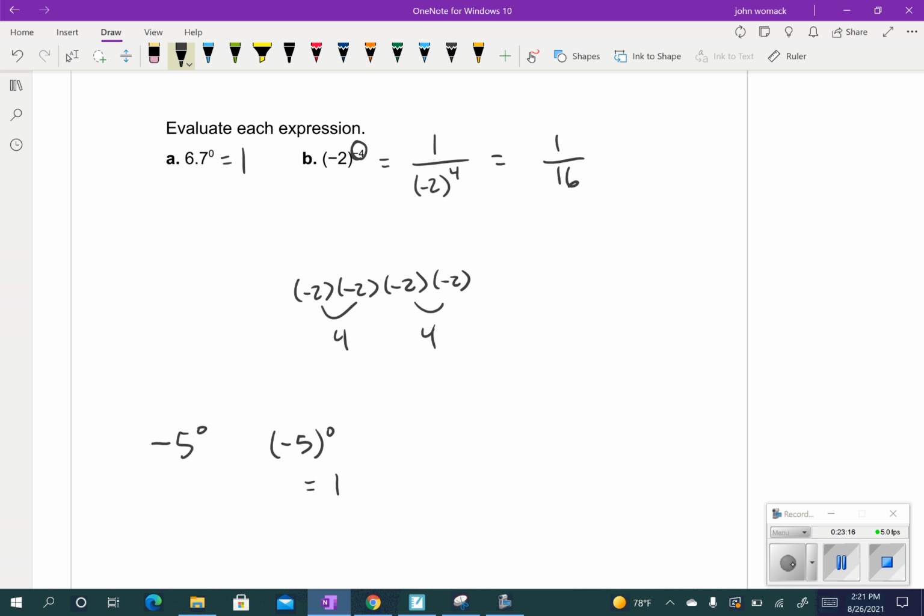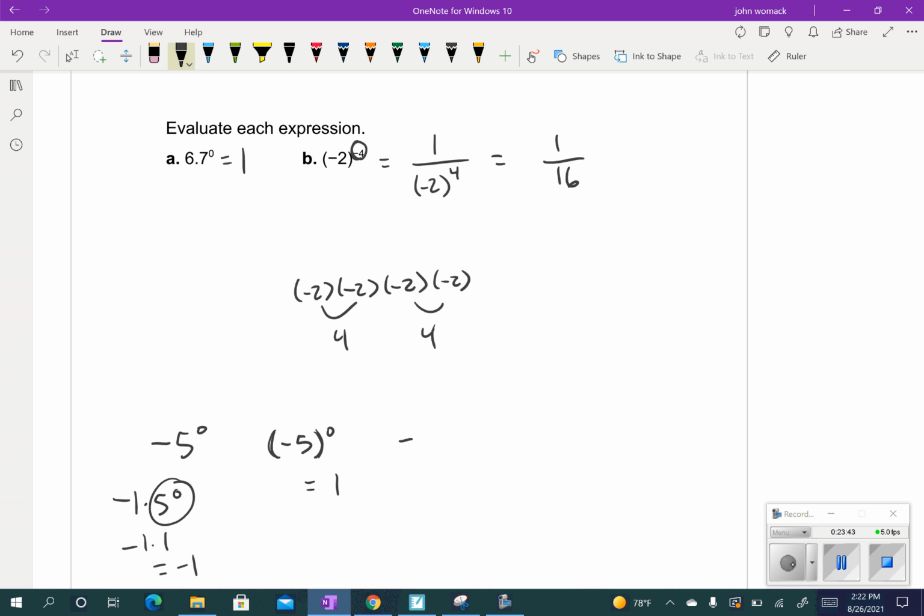If there aren't parentheses, it's like having a negative 1 out in front, negative 1 times 5 to the 0. So the 0 only applies to the 5. Okay, so that part's going to become 1. So you actually end up with negative 1. If that makes sense, the 0 on here only applies to the 5, not the negative. But if I put it in parentheses, now it applies to the negative.